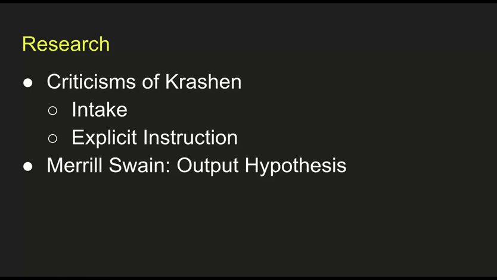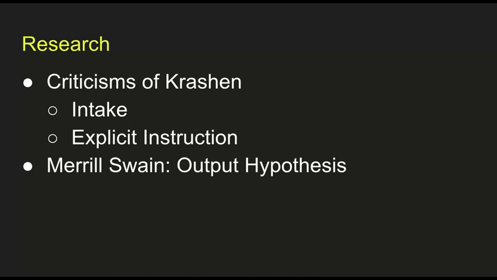So Krashen believes that input is the only thing that you need for acquisition, but other researchers have shown that possibly input alone may not guarantee language acquisition. So Merrill Swain came up with the output hypothesis.